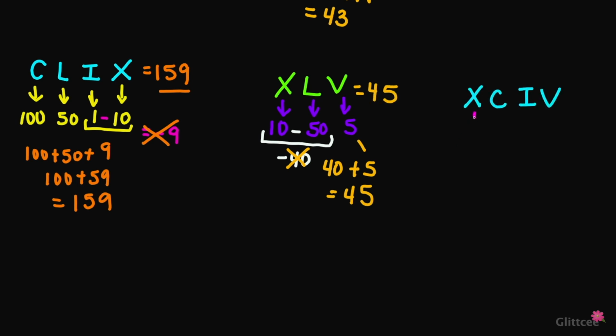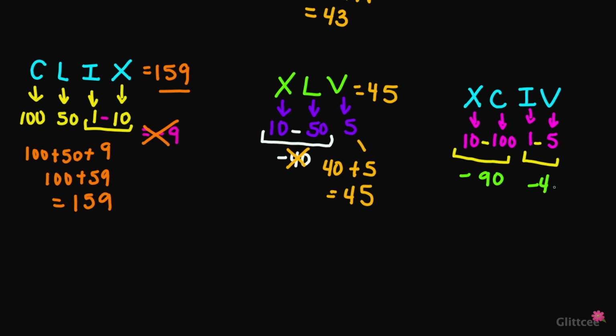XCIV. All right, so X is 10, C is 100, I is 1, and then V is 5. So let's look at our problem. Oh, so this one we have a mixture of small to big and small to big again. All right, so that means I'm subtracting here and here. All right, so I know this is negative 90 and this is negative 4.